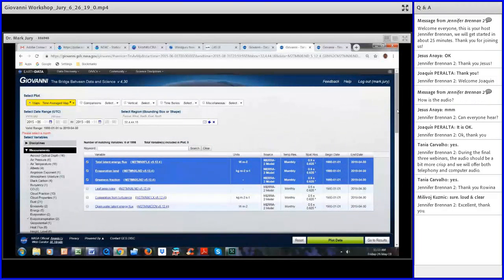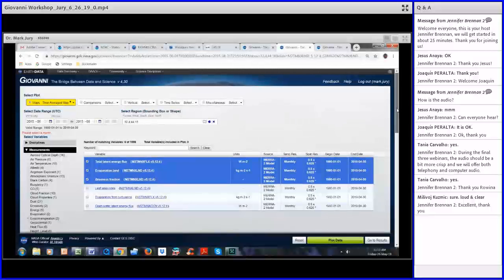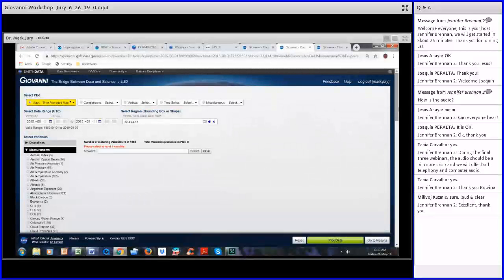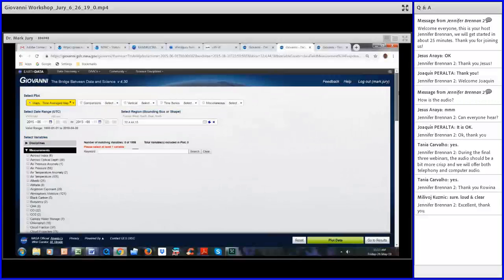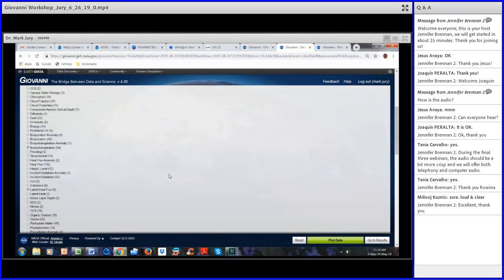So what I did was in the NASA Giovanni website, I went to my particular time period, 2015, June to August. I put in my coordinates there, and I then went down and I ticked off evapotranspiration and latent heat flux.